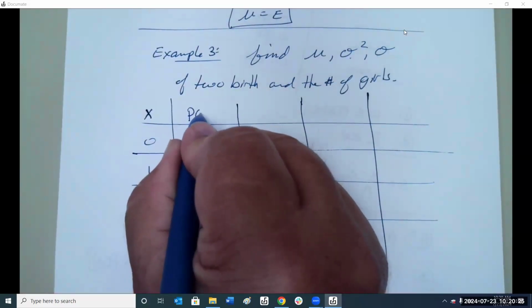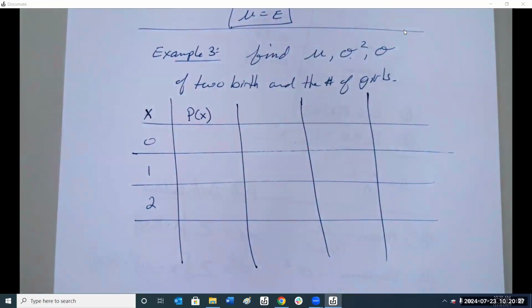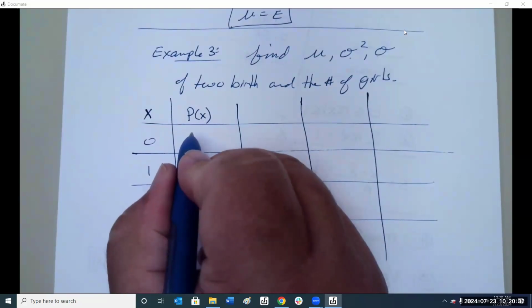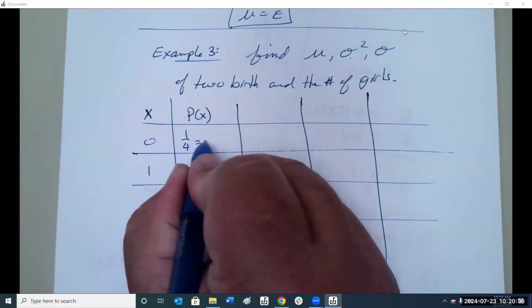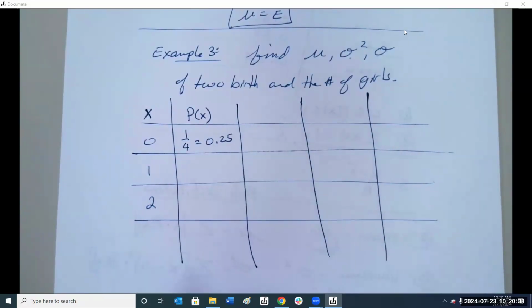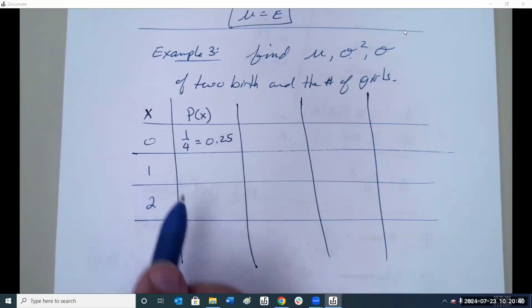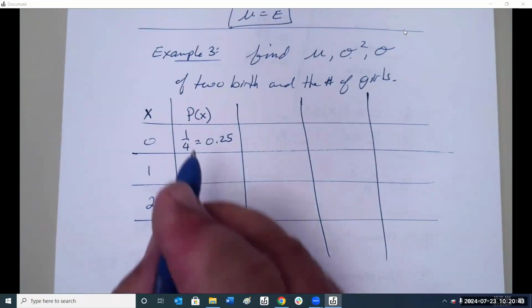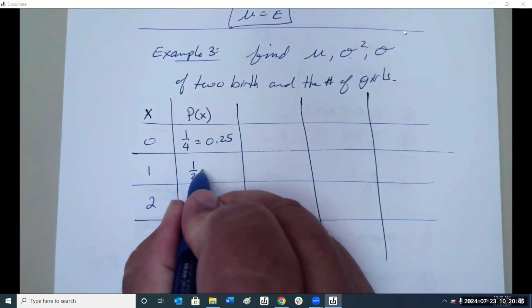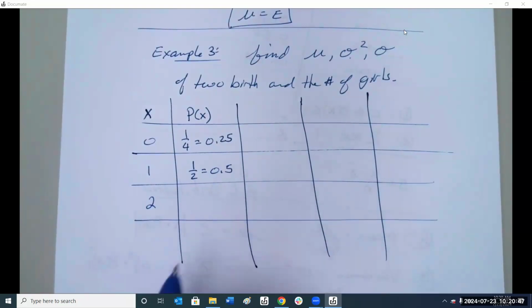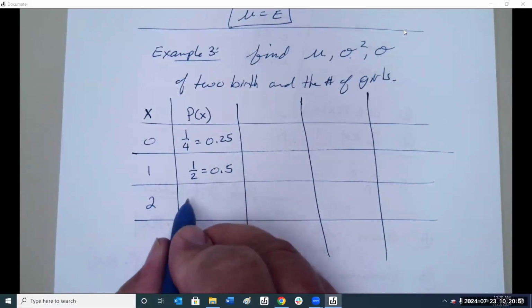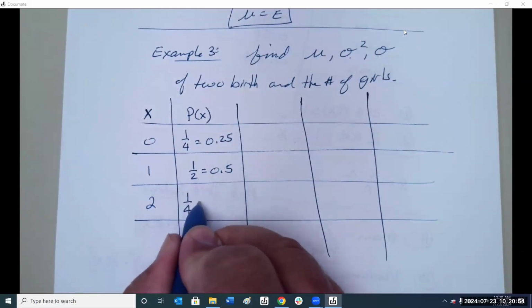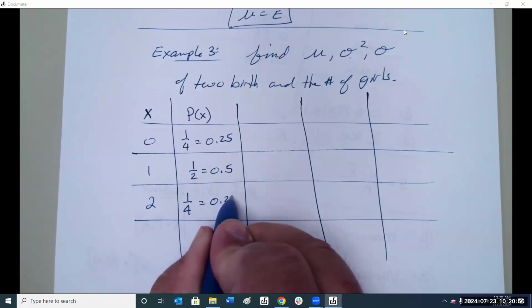Now we have to find the probabilities of each of those occurring. So the probability of 0 girls being born is 1/4 or 0.25. The probability of 1 girl out of 2 births, 1/2 or 0.5. And then the probability of 2 girls being born, 1/4. So it's back to 0.25.